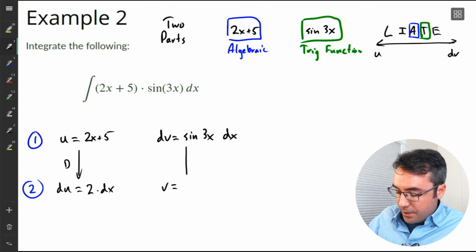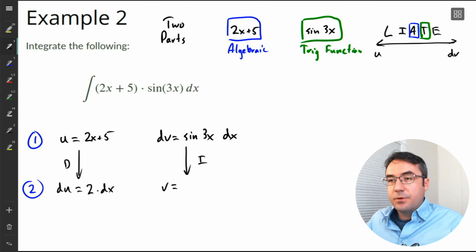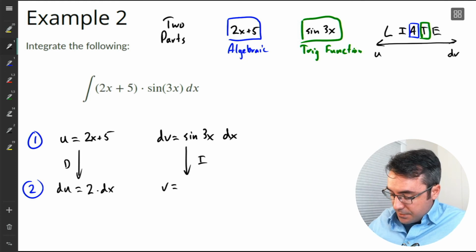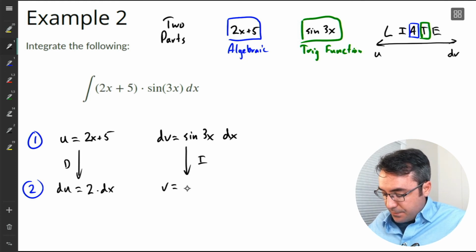And then over here, starting with the differential dv, to get v, we're going to integrate. So we want the integral of sine of 3x. So the integral of sine of 3x is negative 1/3 cosine of 3x.